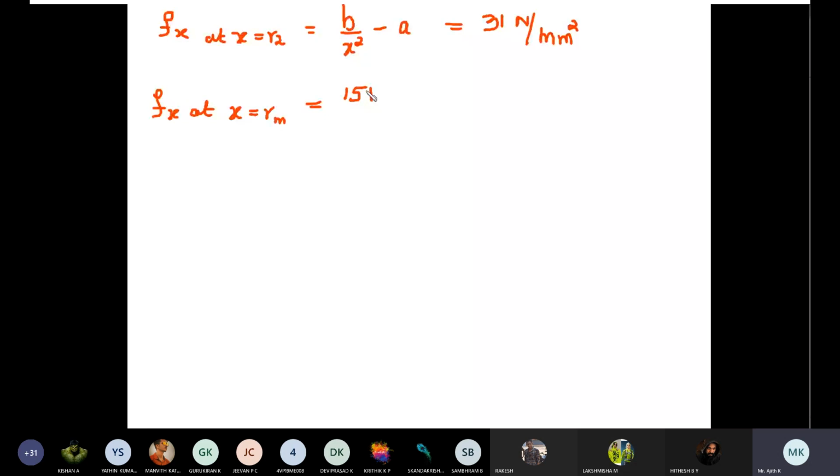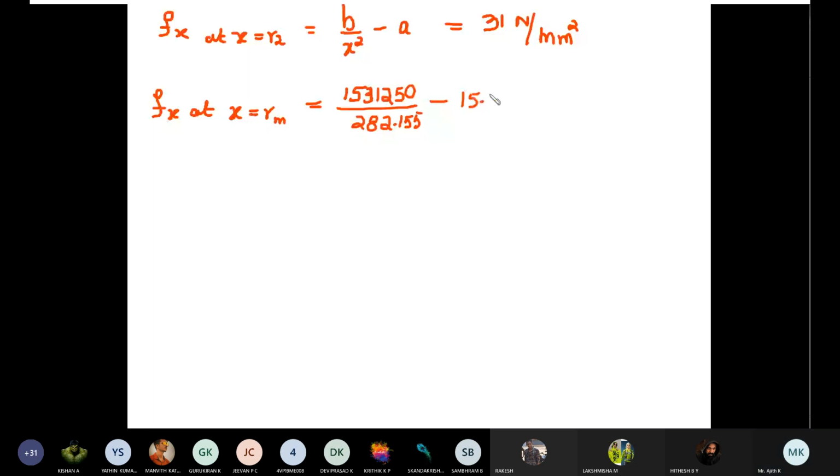Value of b is 1250, divided by the value of Rm, which is R1 plus R2 divided by 2, 282.15, minus the value of A, 15.5.